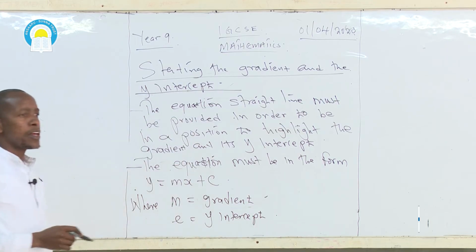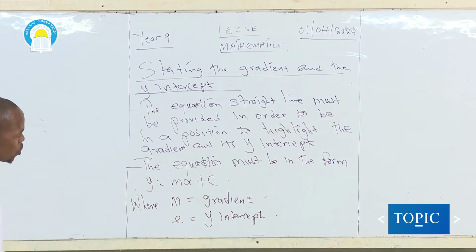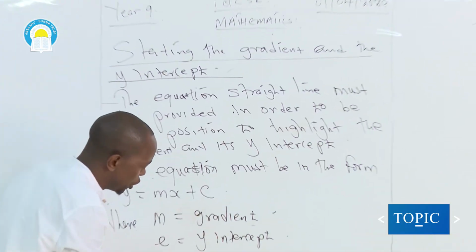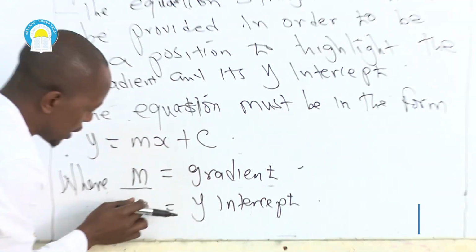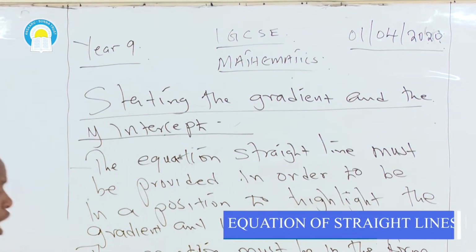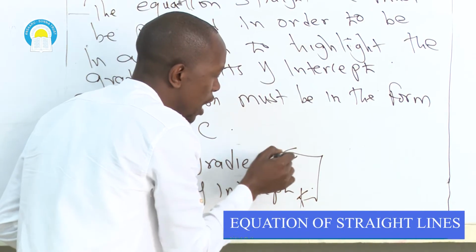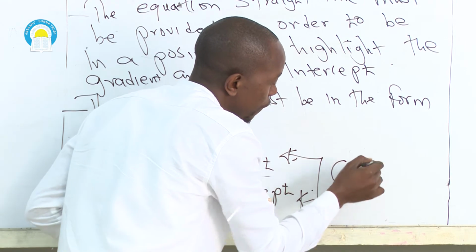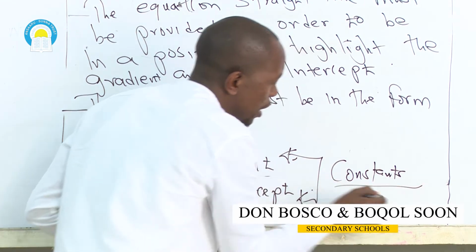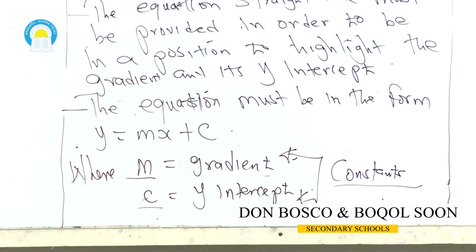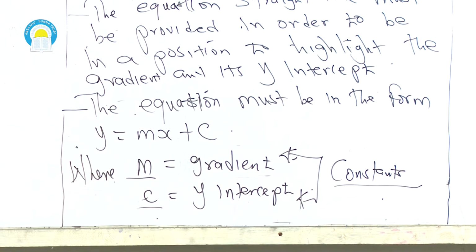I remember at the beginning of this topic, I had mentioned m and c, and I said these are constants that are in the equations. They don't change.